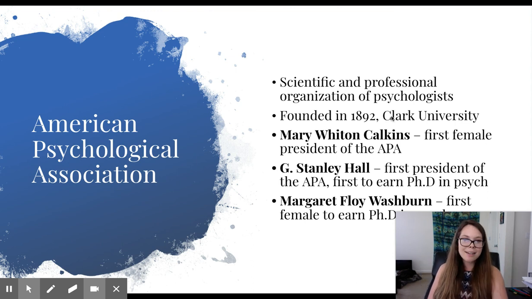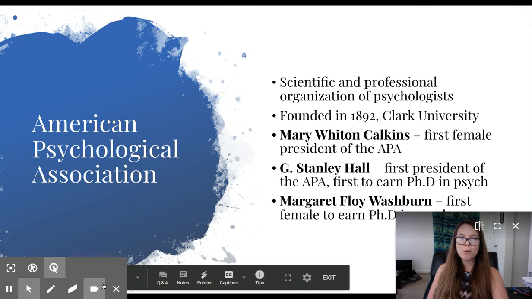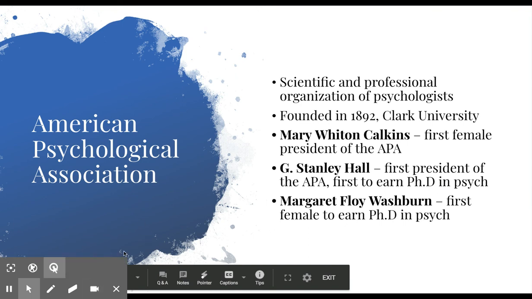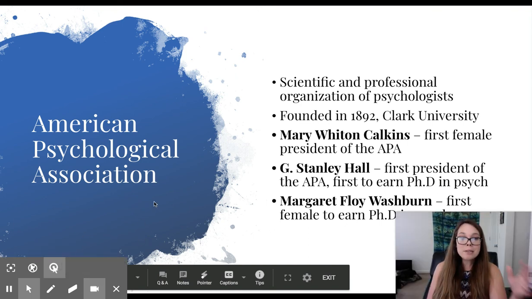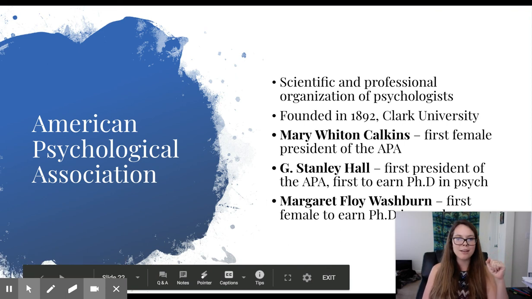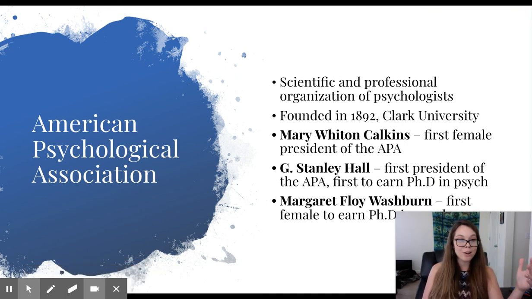It was founded at Clark University. Mary Calkins is the first female president of the APA. Stanley Hall, first president of APA, was first to earn a PhD in psych. And then we have Margaret Washburn, who's the first female to earn a PhD in psych. So I just wanted to do a couple of shout outs to the people of our APA organization.